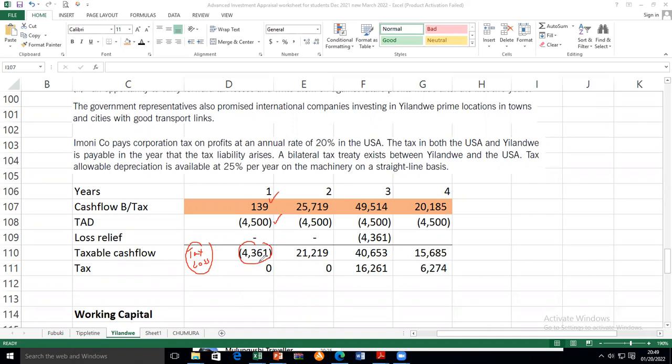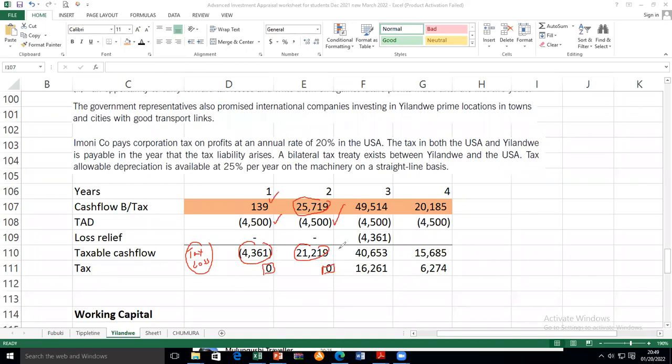We come here. There we have made a huge profit. Once you knock off that, we have 21,219. However, there is no tax that you pay. There is no tax payable. It was a condition that the first 2 years there is no tax. But should you make a loss, you carry it forward. So this loss that we have has been carried forward here.